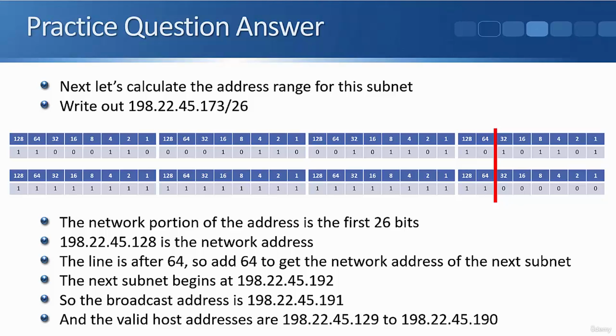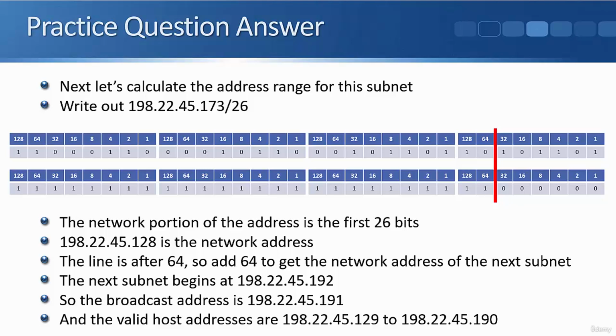We can take a little bit of a shortcut. And what we do is, again, you saw this in the last lecture, we look at where the line is. So the line is here after the 64. So I know that my subnets go up in multiples of 64. So the first one is going to be 198.22.45.0, then 45.64, then .128, and so on.